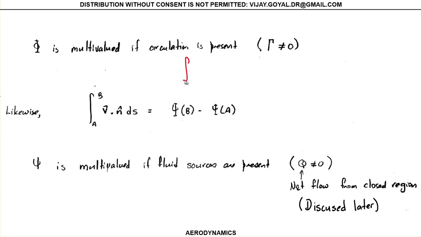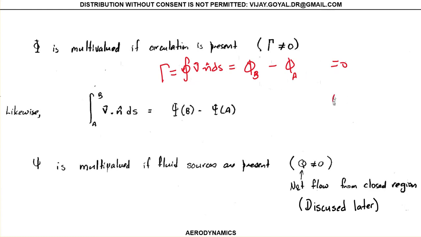Because if I'm using the potential flow, v dot ds, I just showed you this is equal to phi at B minus phi at A. And if my circulation is equal to zero, then it's not multi-valued. That means my function has the same value everywhere.